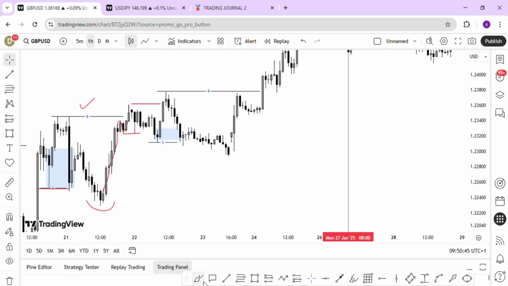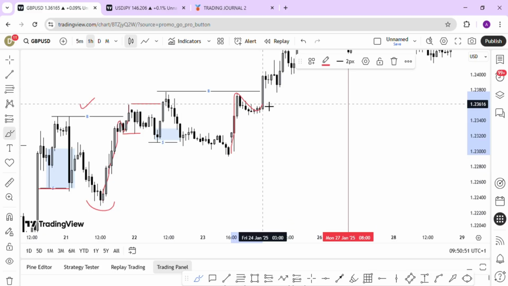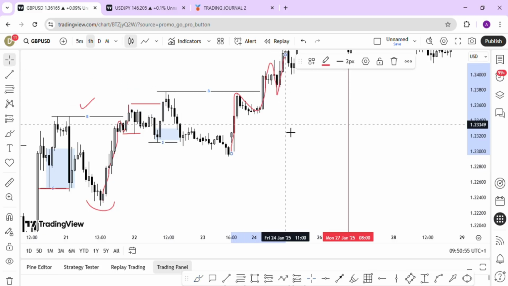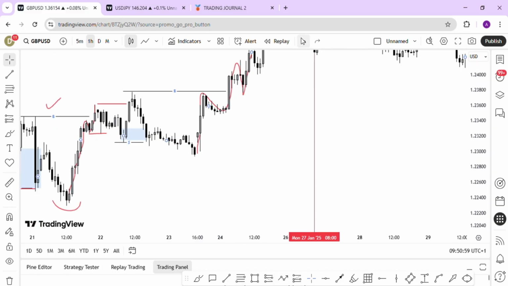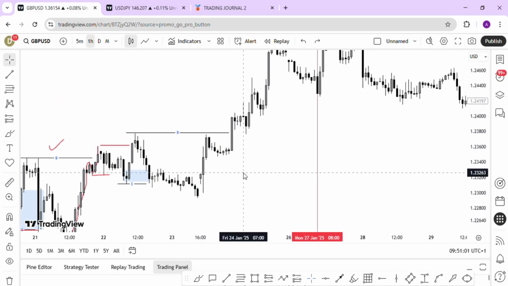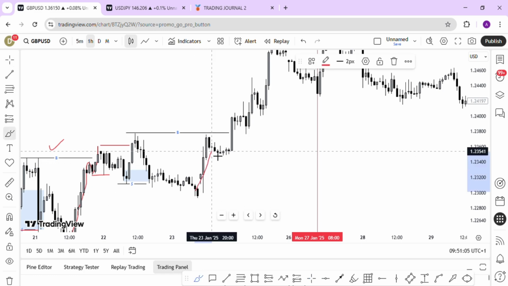So in this case, you see that when the market is about to break this structure, it created something like this, then pushed down, then pushed up. So let me retrace this. This is not a valid pullback.